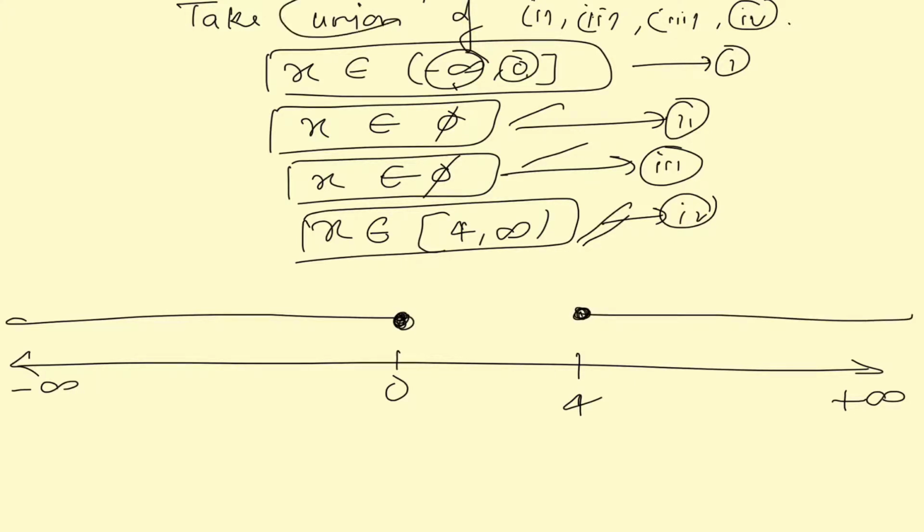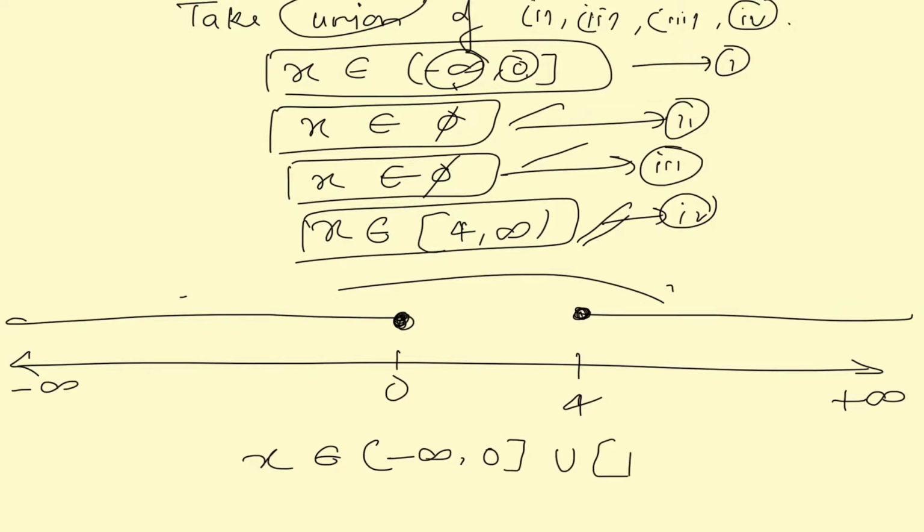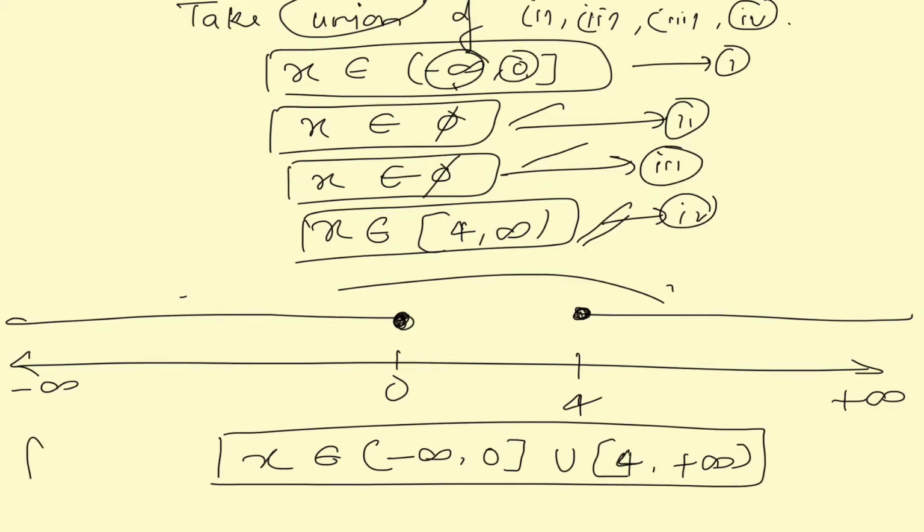Since we are taking the union, we have to combine both results. So x belongs to minus infinity to 0 closed interval, union 4 to plus infinity, that is our final answer.